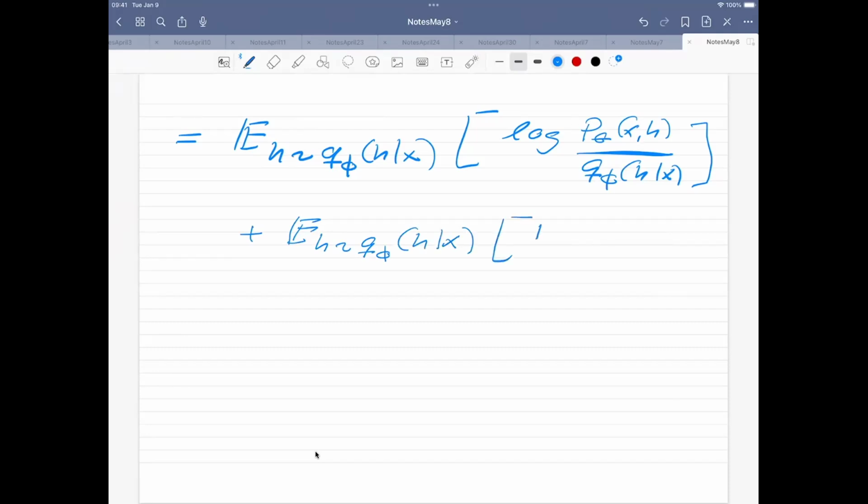That is given by the log of Q of phi of H given X over P theta of H given X. What we discussed last time is that we can show that this quantity is larger or equal to 0, and that gives the name variational to the calculations. We can do further manipulations, but typically these terms are evaluated by Monte Carlo sampling.